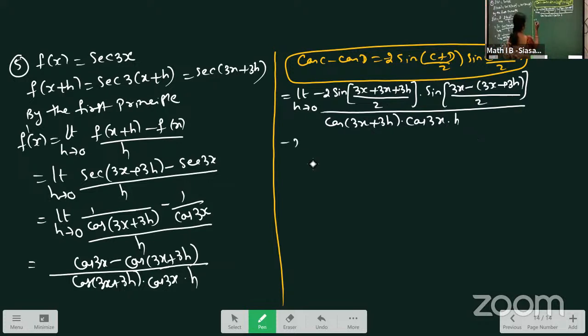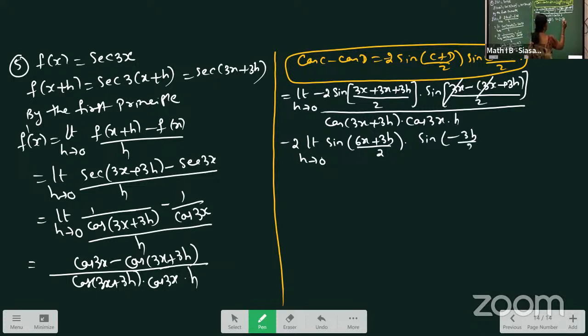Write minus 2 outside. Limit h tends to 0. Sin 3x plus 3x, 6x plus 3h by 2, into, 3x cancels, sin of minus 3h by 2, by cos of 3x plus 3h into cos 3x into h.